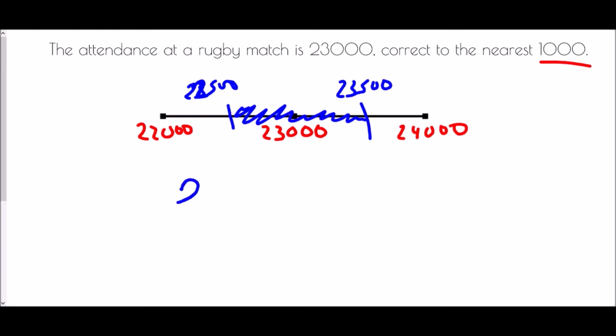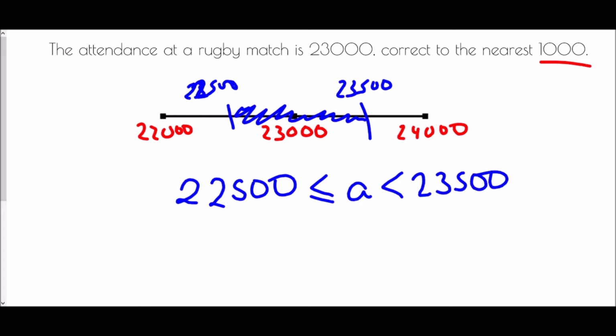And so the attendance, let's call it A, could have been 22,500 exactly, but at most it was 23,500. It had to be below that value in order to round to 23,000.